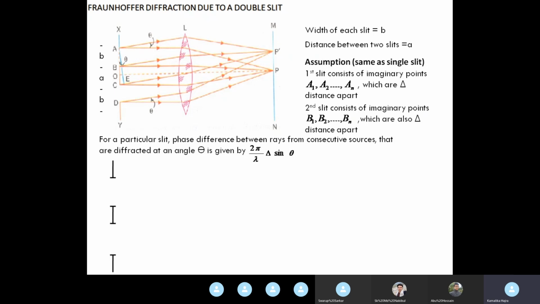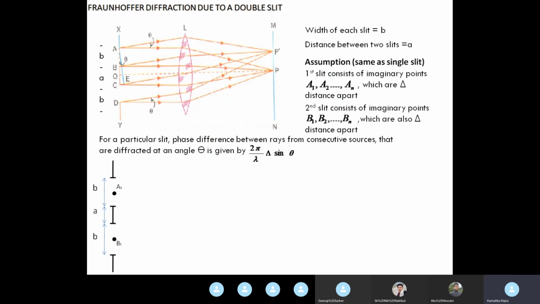Now let us take a good look at the slit system once again before we go on to our mathematical analysis. So these are the two slits, as you can see, of width b, and the opaque space between the slits is small a. Now we choose a pair of imaginary points placed in the first slit and in the second slit, a corresponding pair.